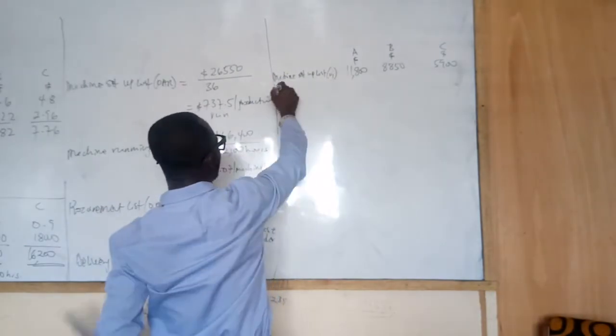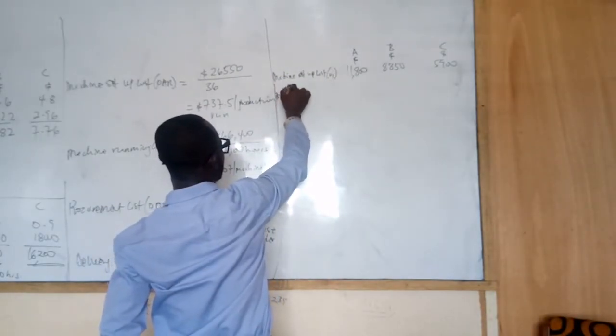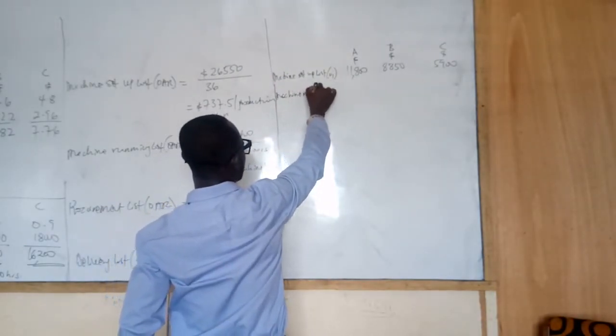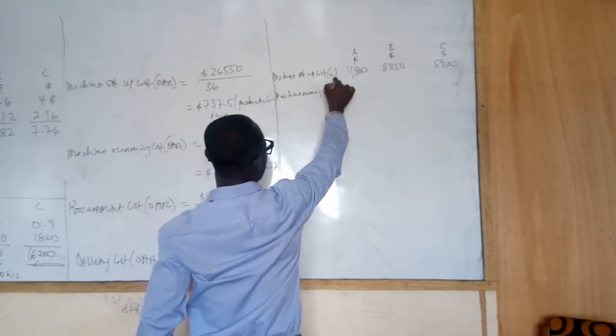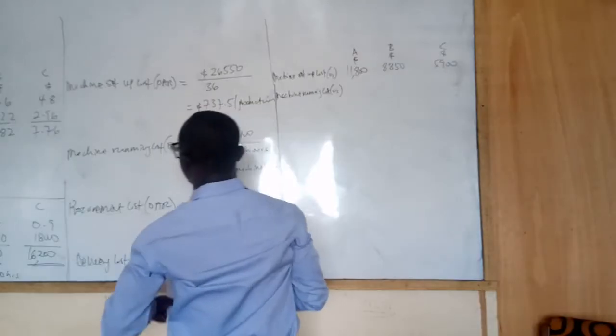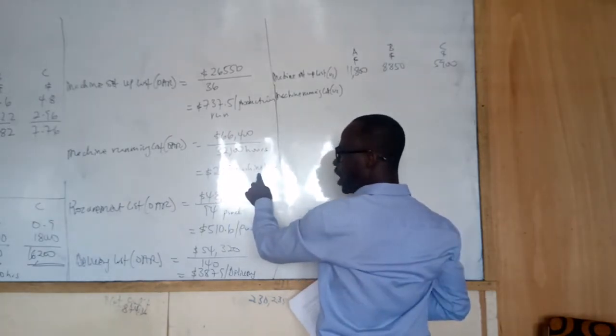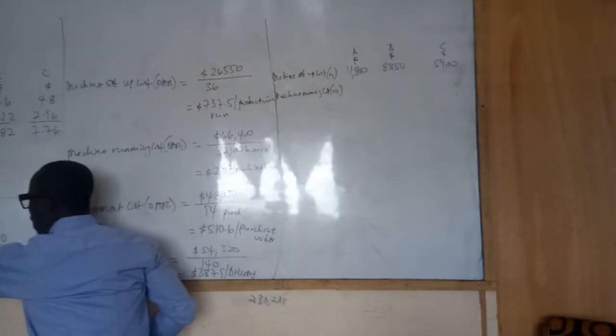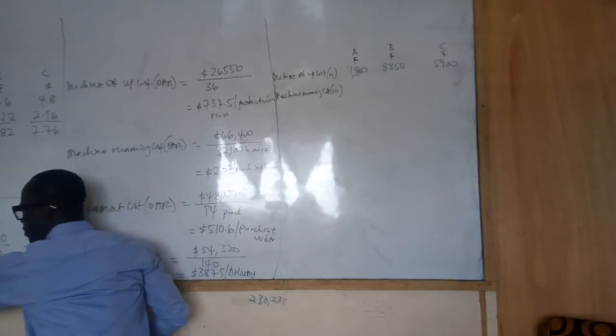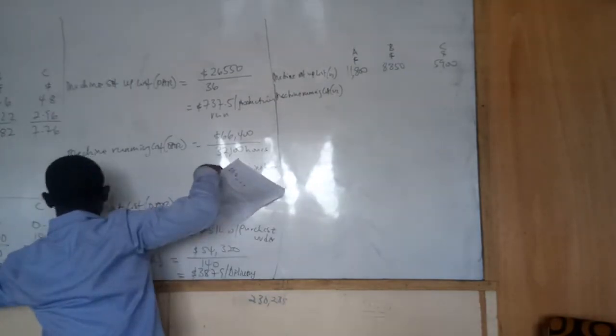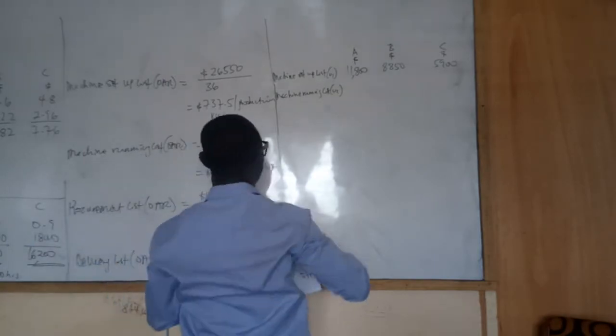Then we come to machine running cost. Machine running cost is 2.07 per machine hour. So how many machine hours did A do? It is here, 7,500. So this times 7,500, what do we have?